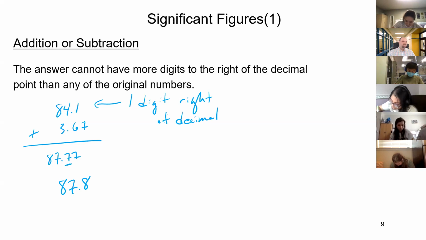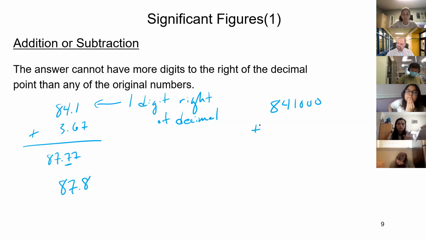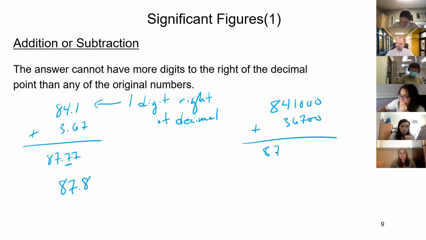Now, the textbook talks about this as decimal points, but in reality, it works for any place. So let me give you another example with the same numbers. If I had 841,000 plus 36,700, I'm going to add that up, and I'm going to get 877,700.